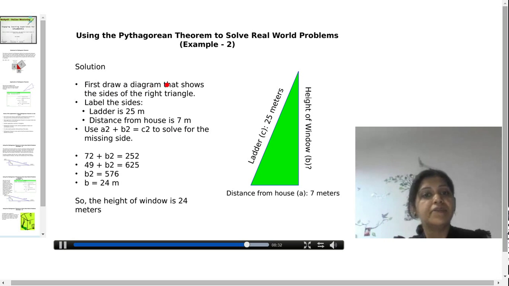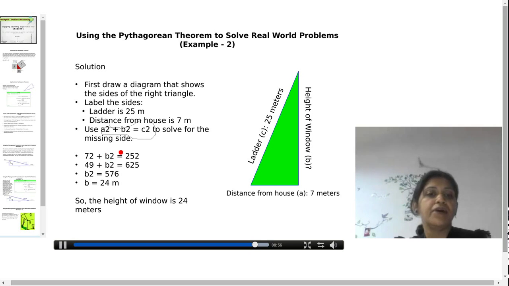So we draw a diagram that shows the sides of the right angle triangle. Using the Pythagorean theorem, a square plus b square is equal to c square, we can find the height of the window. So substituting the values, a is 7, that is 7 square.